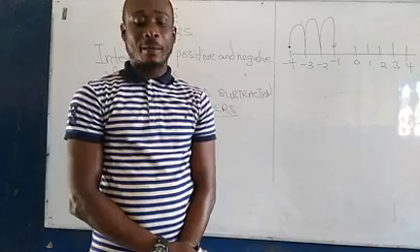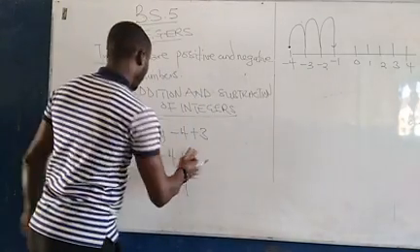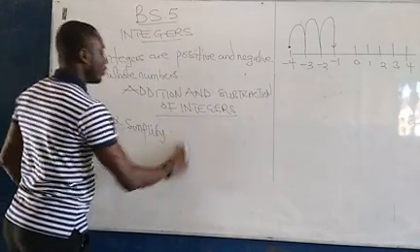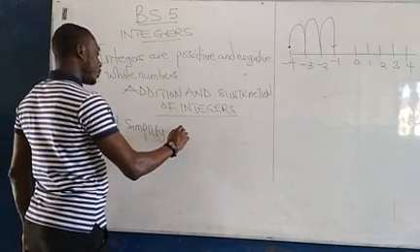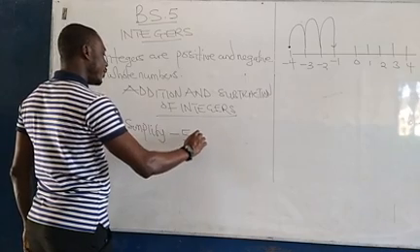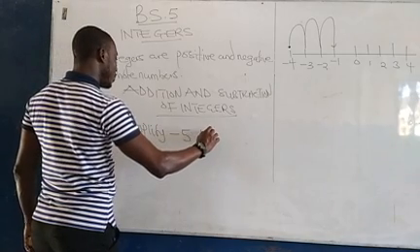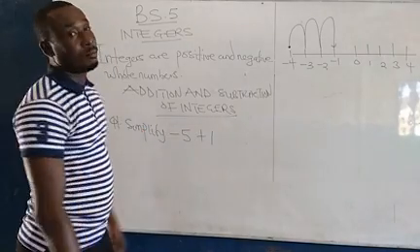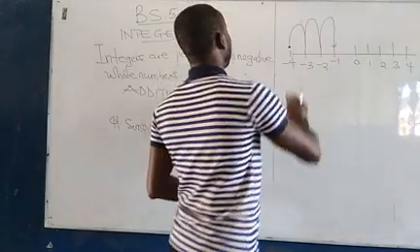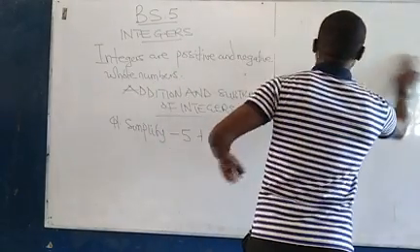Let's take another example. Negative 5 plus 1. Let's draw the number line.